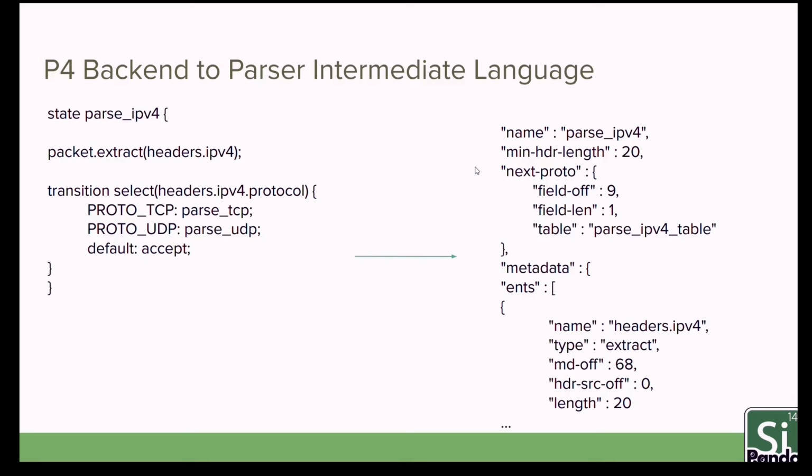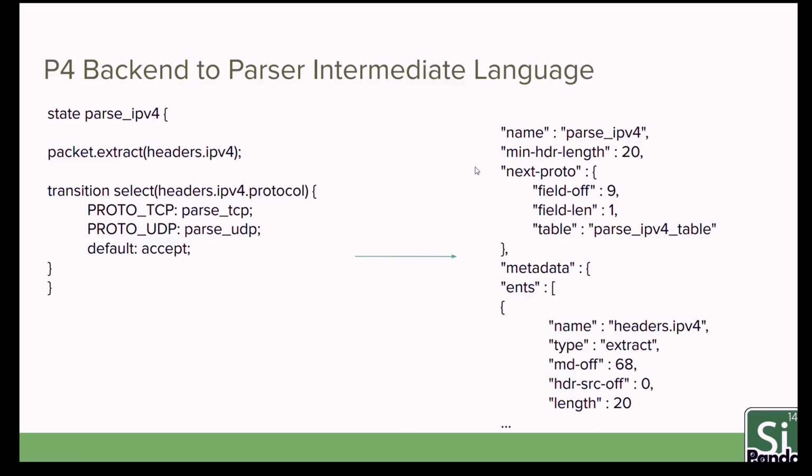Yeah, so I'm not showing the table exactly, but the next proto definition of the JSON shows a table, pass IPv4 table. And that pass IPv4 table is actually going to contain the actual constant, which is proto TCP. Proto TCP on the P4 side is actually a constant, which is the number that is going to be matched to the IPv4 protocol data. Okay. And that actually goes to the pass TCP. And exactly the same thing is going to happen on the other side.